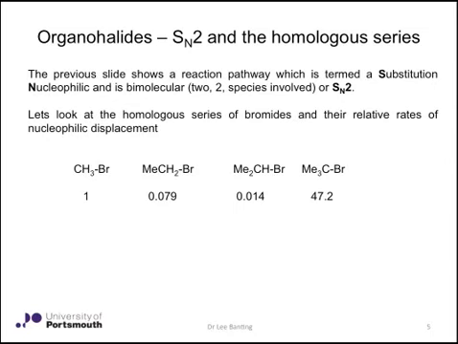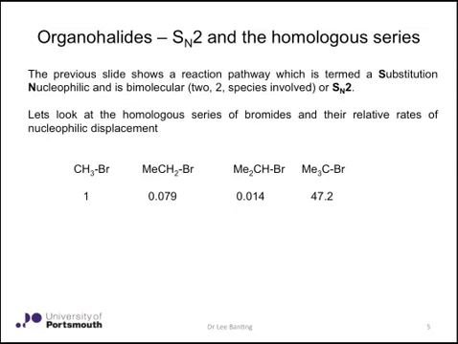So with methyl bromide, the absolute rates of reactions have been determined, and then we've taken the relative rates of reaction with respect to the least substituted halide. So if we make the methyl bromide rate 1, then relative to that, the ethyl bromide is less reactive.